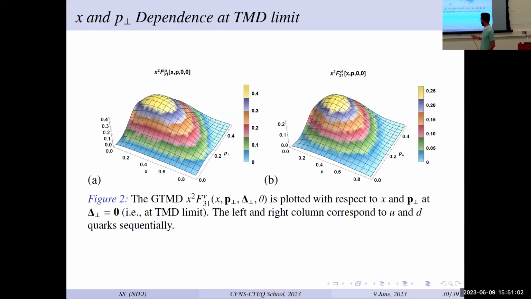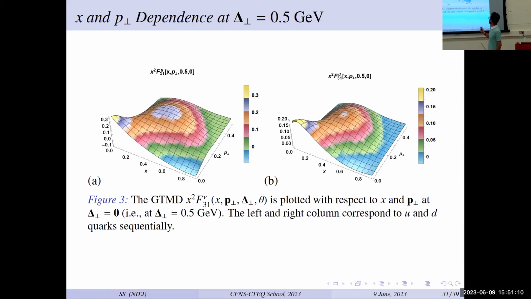Here we have a maximum around 0.3 in x, which generally happens for the f2 TMD. When we consider that there is some momentum transfer in the process, we get this kind of plot, where we observe a high amplitude at low x.